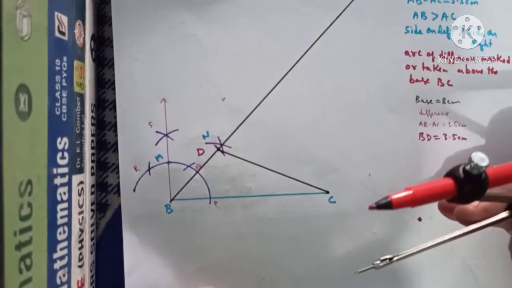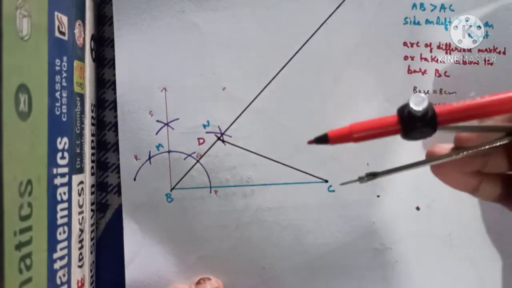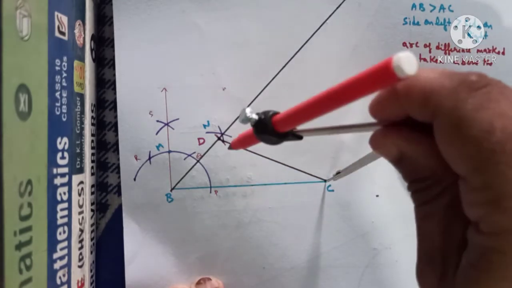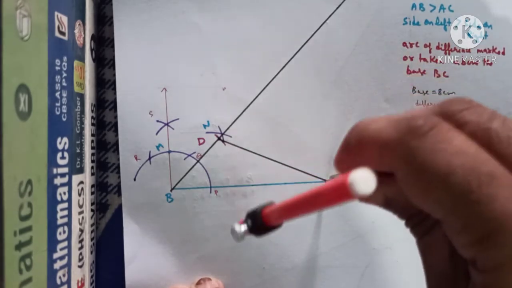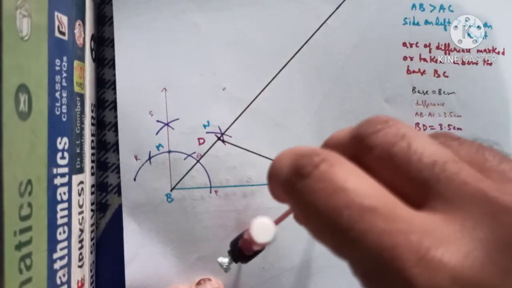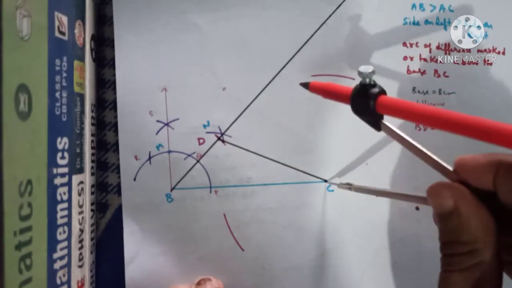We will take, with the center C, a radius more than half of CD. You can also take it equal to CD, but here I am not taking it equal to CD, I am taking more than half of CD. Draw an arc on both sides of CD with center C.